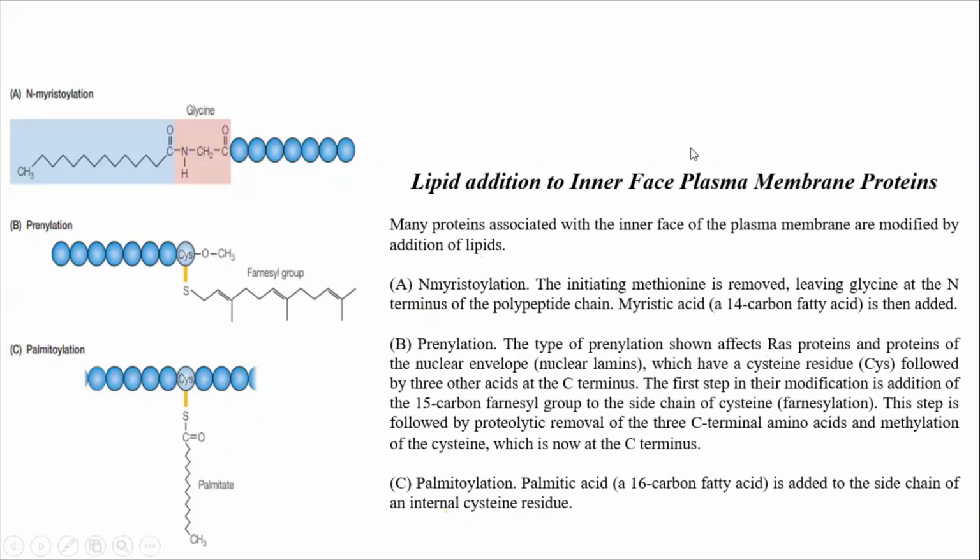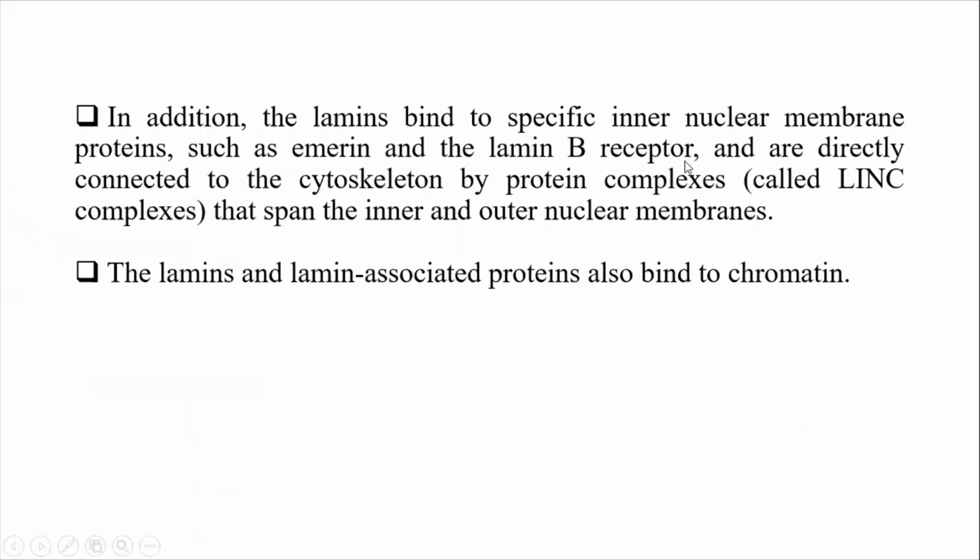Yes, ma'am. Okay. Now, in addition, the lamins bind to specific inner nuclear membrane proteins such as emerin and the lamin B receptor, and are directly connected to the cytoskeleton by a protein complex called the LINC complex that spans the inner and outer nuclear membranes. Okay. Now don't get confused, it's just a little complex.